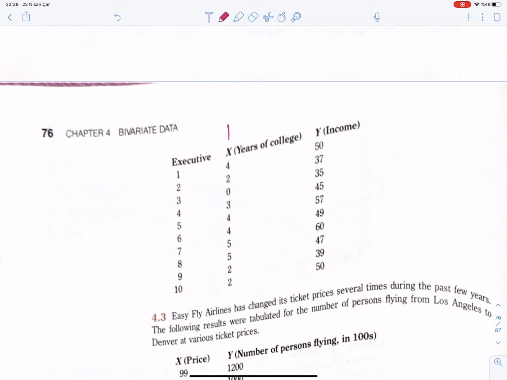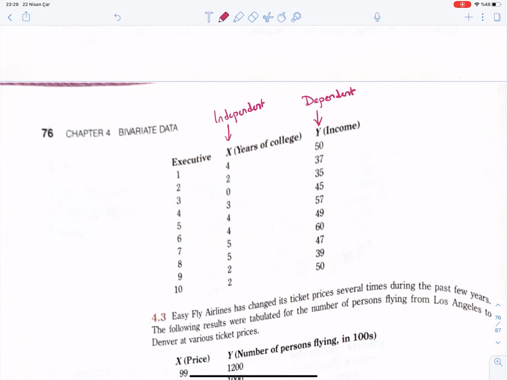Normally, we call the X independent. This is fixed actually, but Y is dependent and is not fixed. Dependent variable. So it means X is affecting Y. Independent variables are always affecting dependent variables in practice.